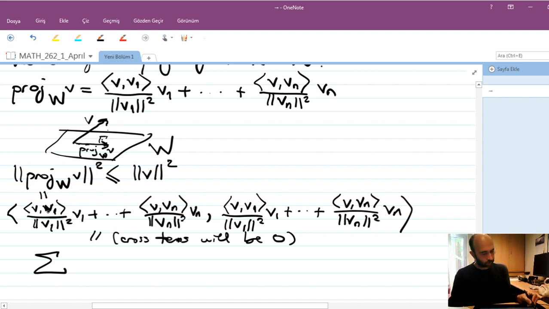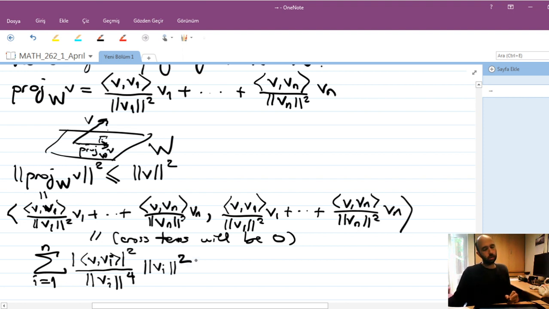Let's find out what it is. Well, you have, first of all, the same inner product twice. That will give me this thing, where i runs from 1 to n. Then you have the norm of vi to the power 4 here, but then you also have the norm of vi squared. And if you cancel the square with 2 of the factors down here, this is exactly Bessel's inequality, what you want.